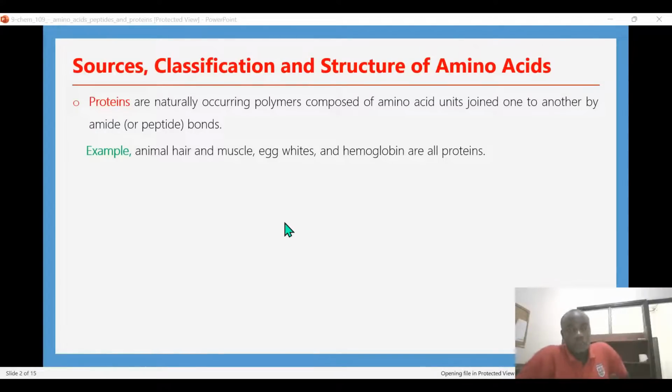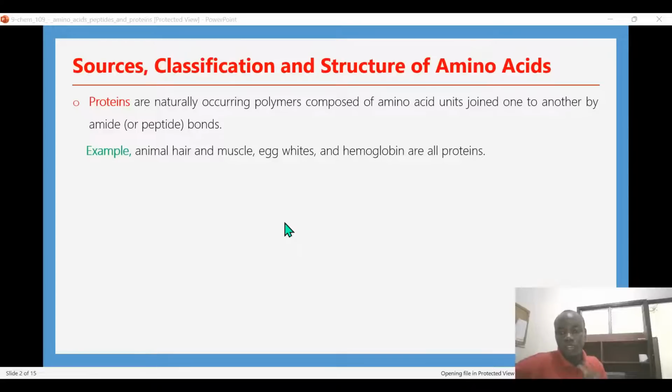Now, what I want us to understand is that we have a lot of examples of proteins. We have animal hair, muscles, egg whites, and hemoglobin, and they are all examples of proteins. For example, hemoglobin is a protein found in the red blood cell.